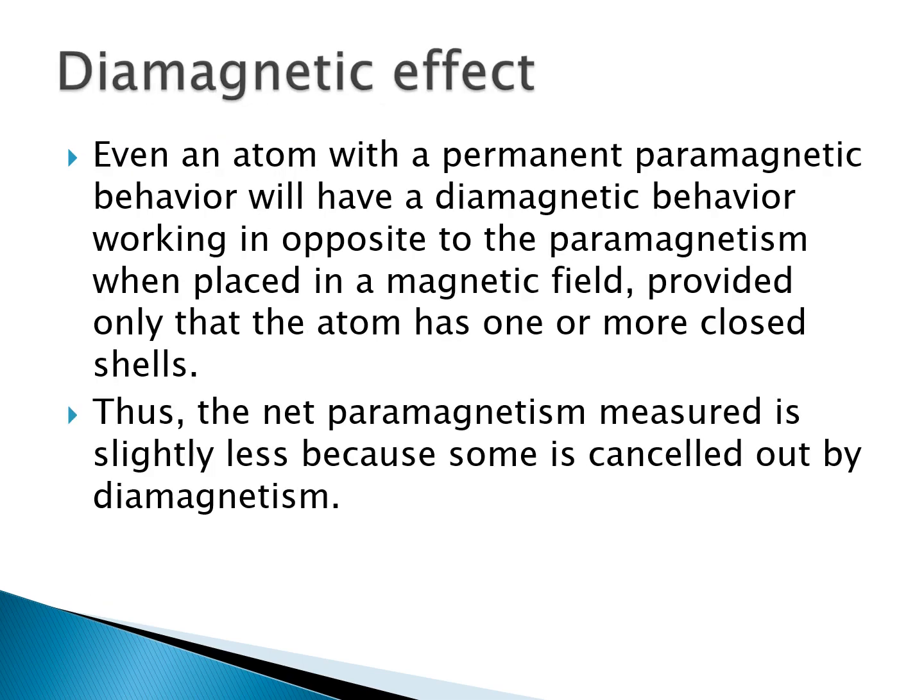Diamagnetic effect. Even an atom with a permanent paramagnetic behavior will have a diamagnetic behavior, working in opposition to the paramagnetism when placed in a magnetic field, provided only that the atom has one or more closed shells.